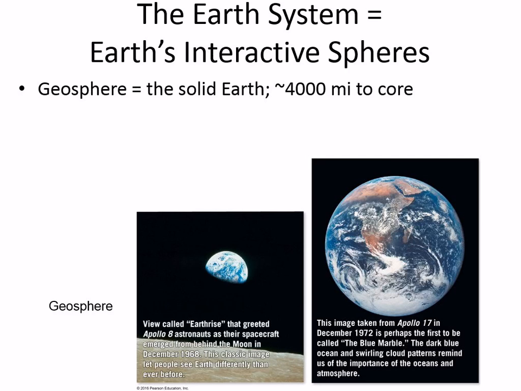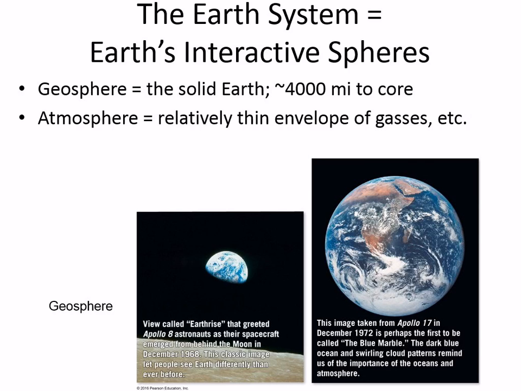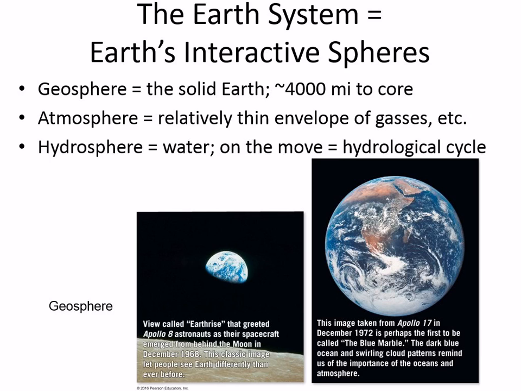That's the geosphere. And then I have another slide talking about the atmosphere. In general, the atmosphere is pretty thin, what we say tenuous. The atmosphere is gases and some suspended solids and suspended liquids, but it's there due to gravity. The next sphere is the hydrosphere, which is all about water.